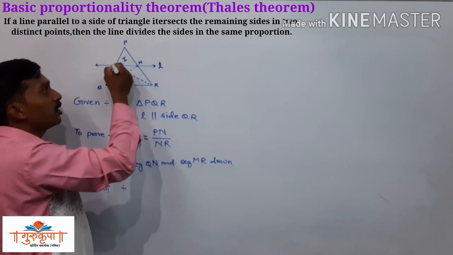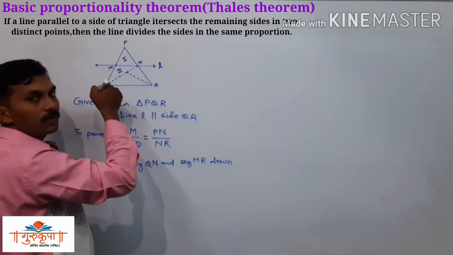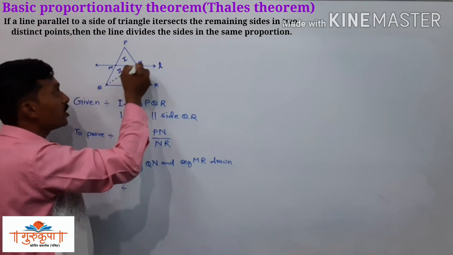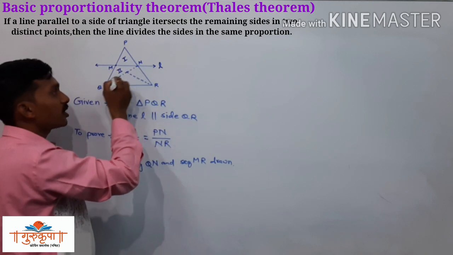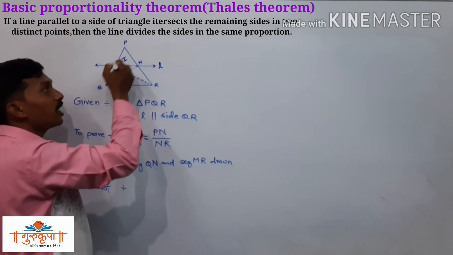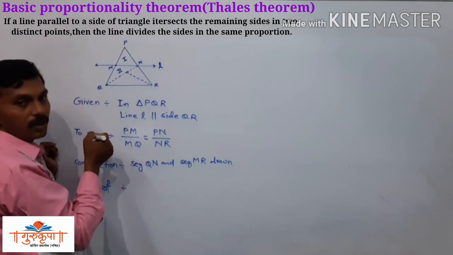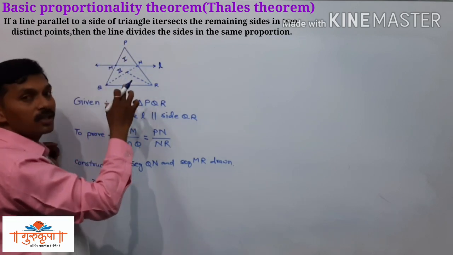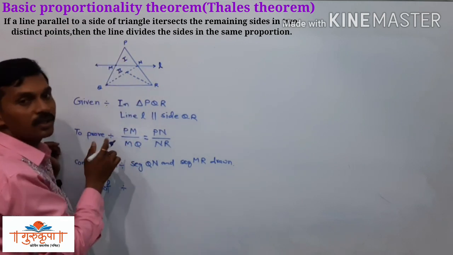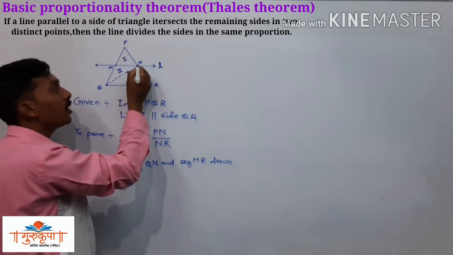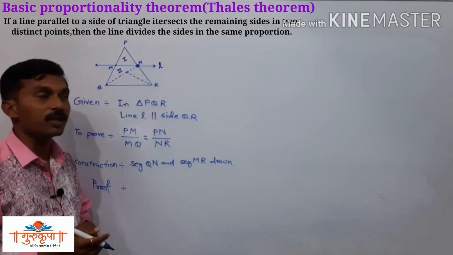See, the first triangle PMN, the base of that triangle is PM, and the second triangle is QMN, this triangle. Now both the triangles are on the same segment, or the bases of both the triangles are on the same line, and they have a common point, that is N. See, this is the common point of both the triangles, N.